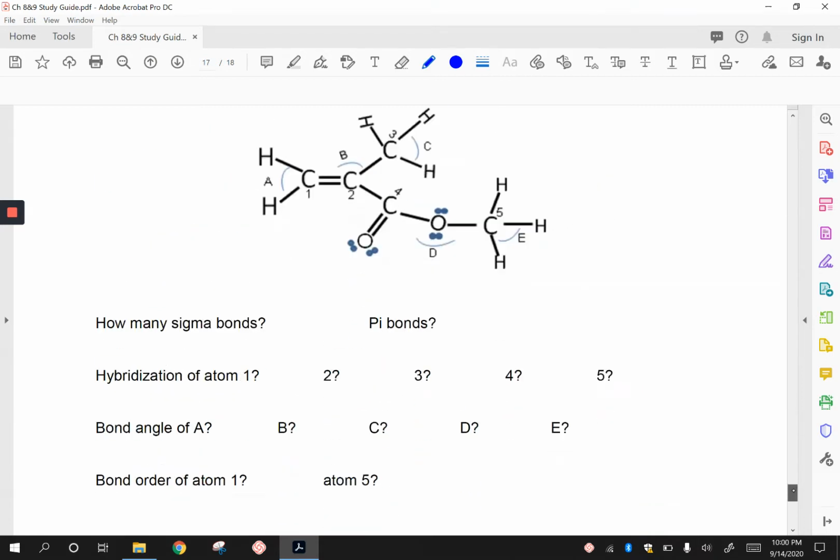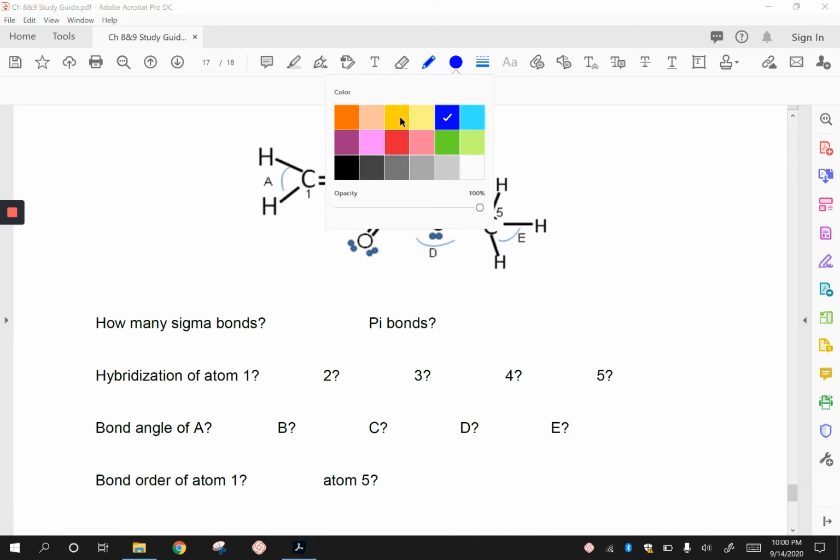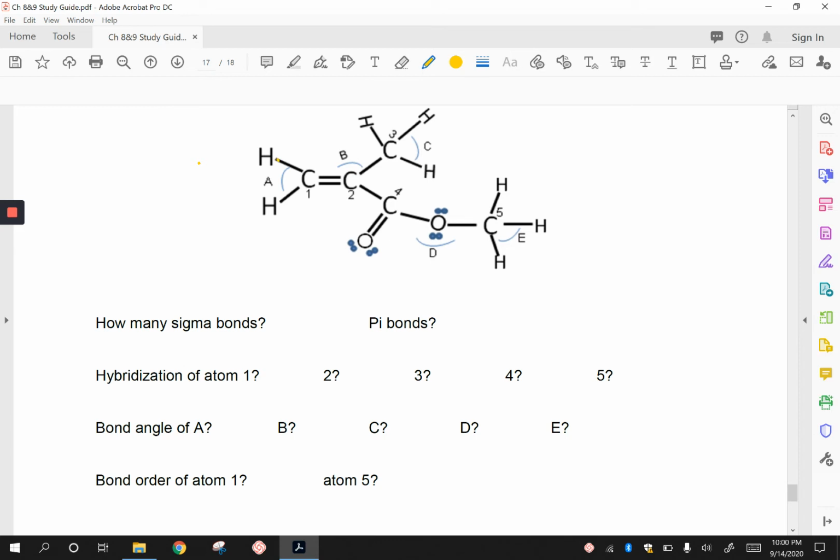Let's practice this one here. So we want to know how many sigma and how many pi bonds. So let's start with my sigma. So any first connection is a sigma. 1, 2, 3, 4, 5, 6, 7, 8, 9, 10, 11, 12, 13, and 14. 14 sigma bonds.